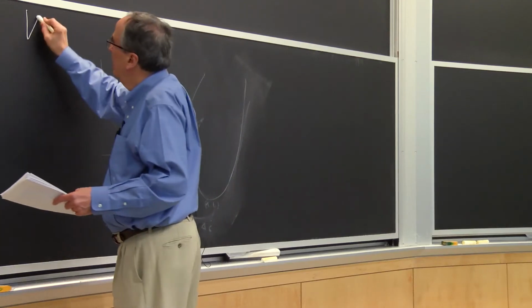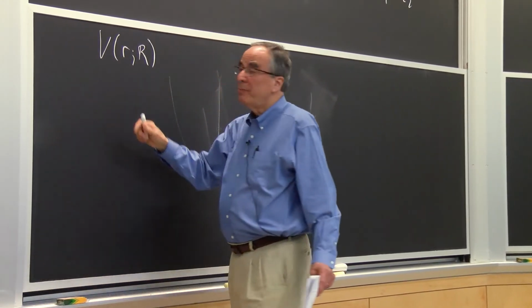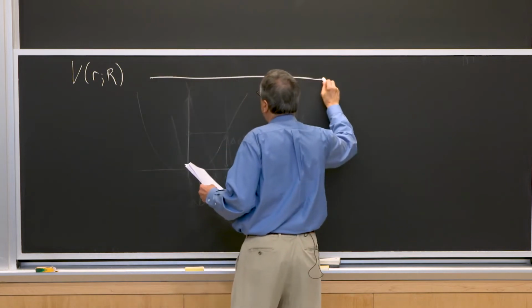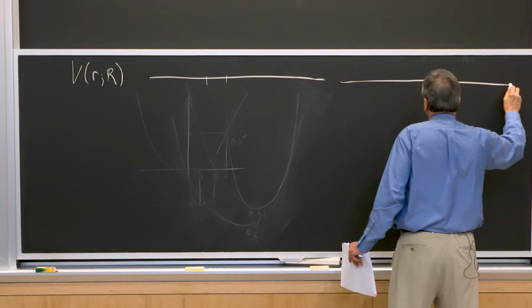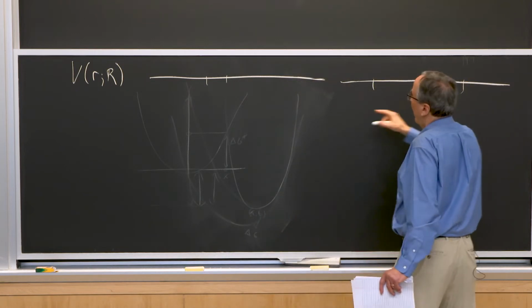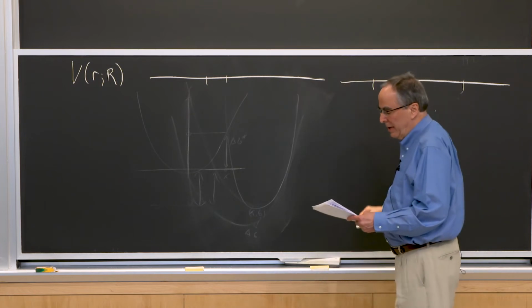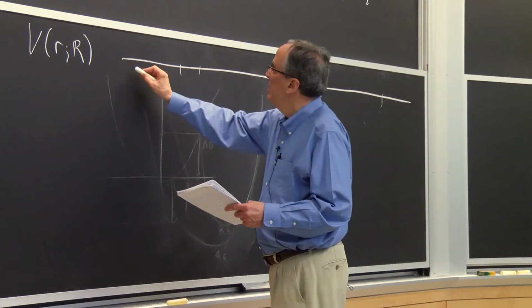I'm going to start repeating myself, but let's draw some pictures. The complicated thing is the potential. And so to illustrate the R dependence, I'm going to try to draw things. So we have R small and R large. This is the positions of the nuclei. And the potential will look like this.